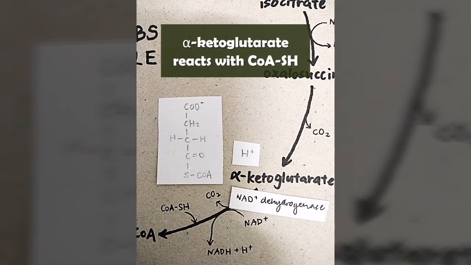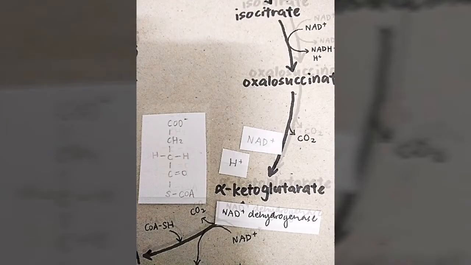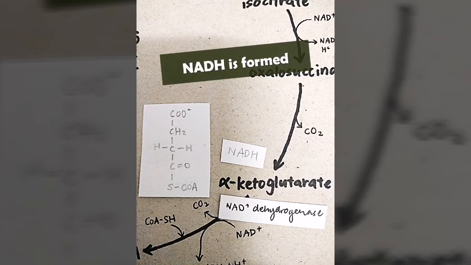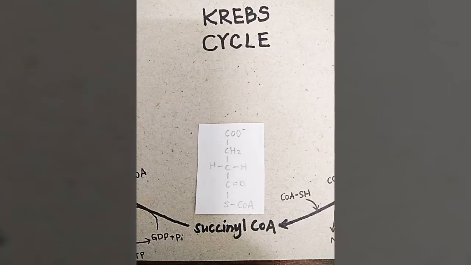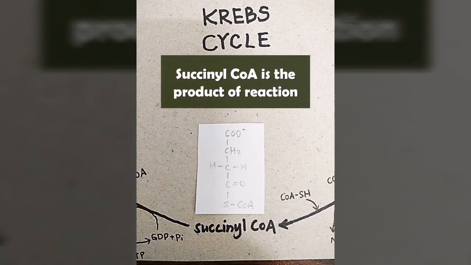Alpha-ketoglutarate reacts with coenzyme A. And NADH is formed. Succinyl-CoA is the product of the reaction.